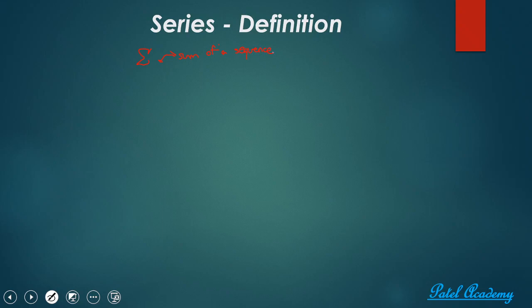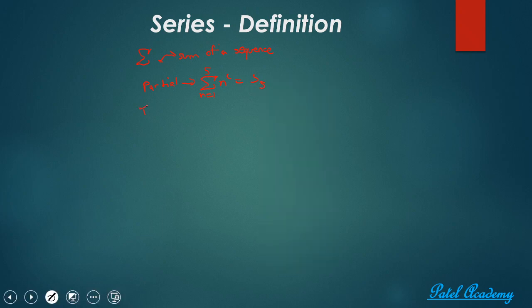And so you can have partial sums or infinite sums. So a partial sum would be something like the sum from n equals 1 to 5 of n squared, for example. You'd evaluate that for n going from 1 to 5. That's a partial sum, and we would call that the sum at 5.